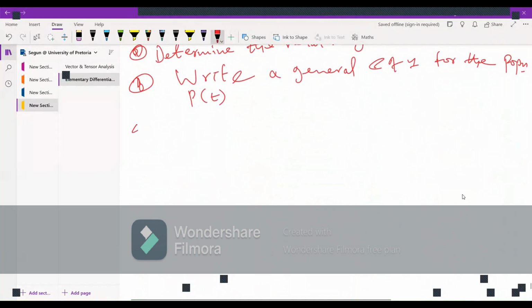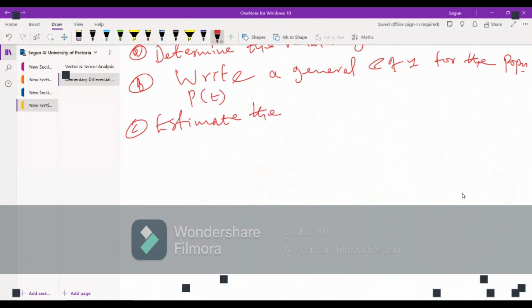Then C, estimate the population in 2010.